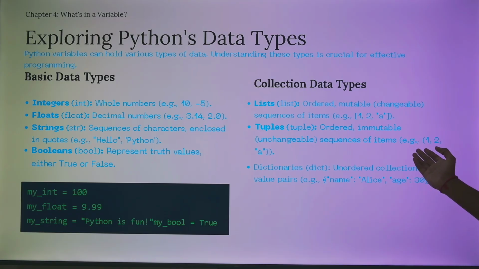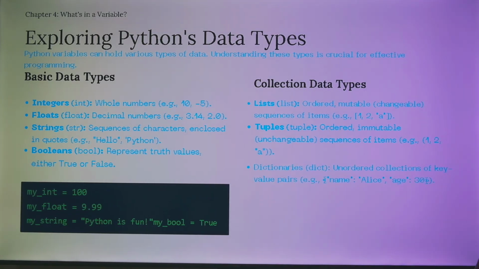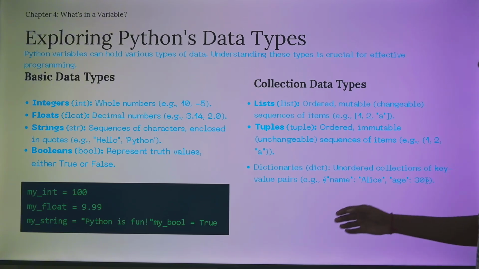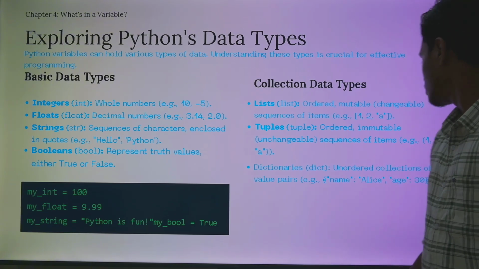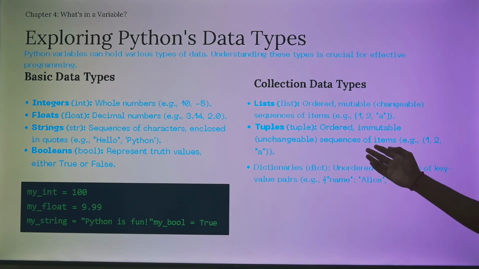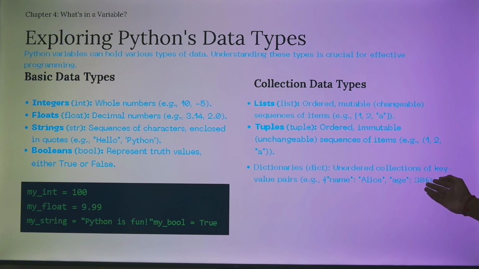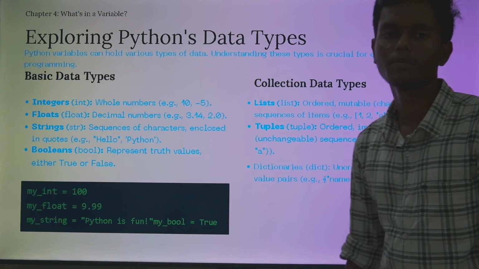Example: curly bracket 1, 2, a. Then dictionaries are unordered collections of key value pairs. Example: curly bracket name is equal to alias, then age, colon 30, curly bracket.